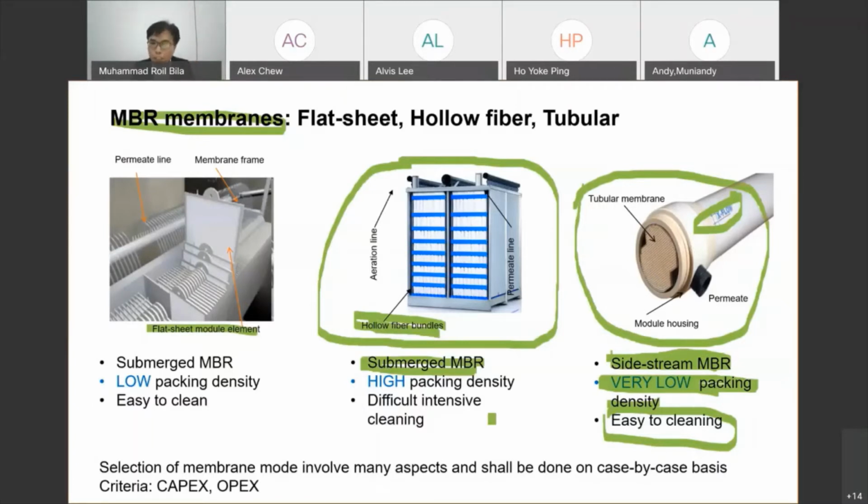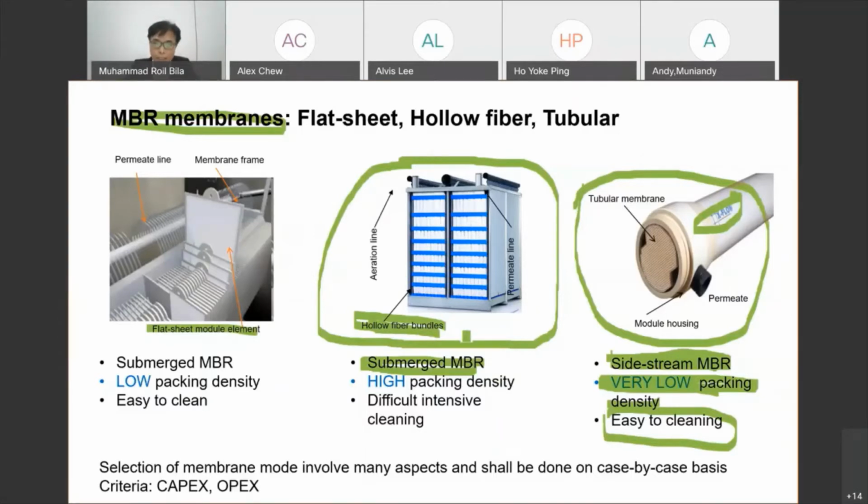When you have a very high packing density, it means I can put a lot of membrane in a small confined space of module area. So we like this one, especially when we have mega million cubic meter per day of wastewater treatment capacity. If you check one by one, you will find out that most of the very large scale installations opt for a hollow fiber membrane.